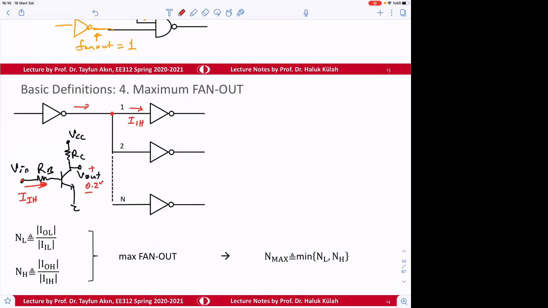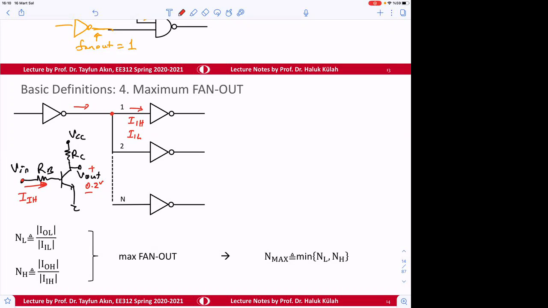For the next gates, we typically call it input high prime, but that's okay. When this node is high, we call this thing input high. And if the voltage here is low, then we call this thing input low voltage or current.